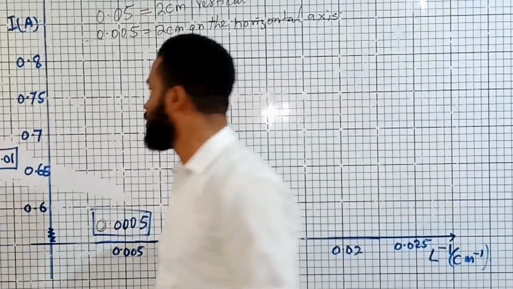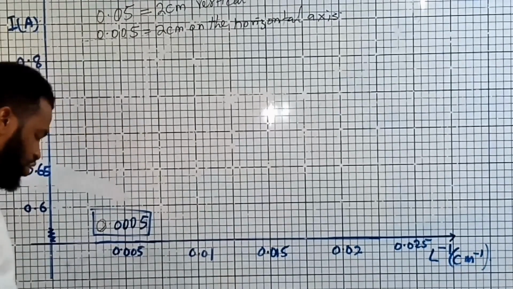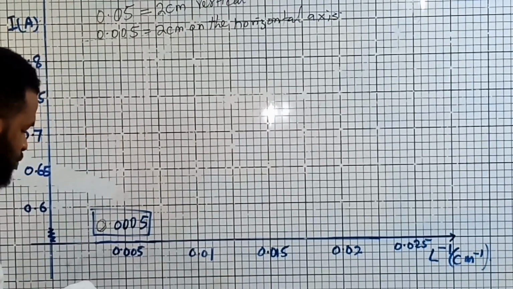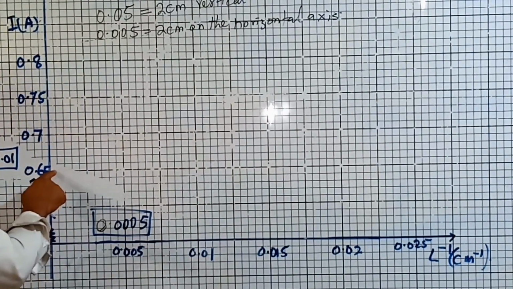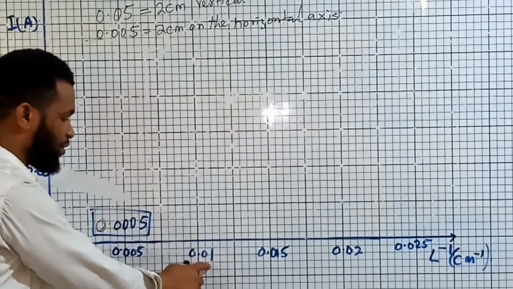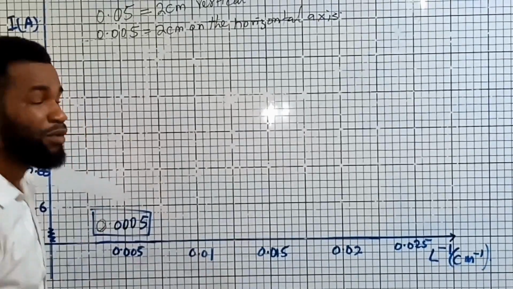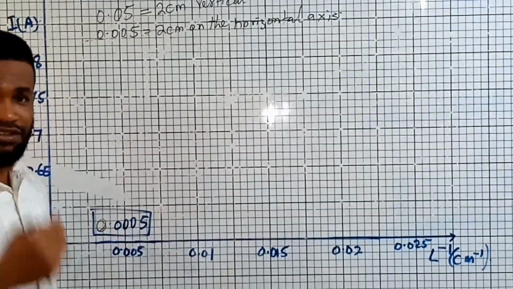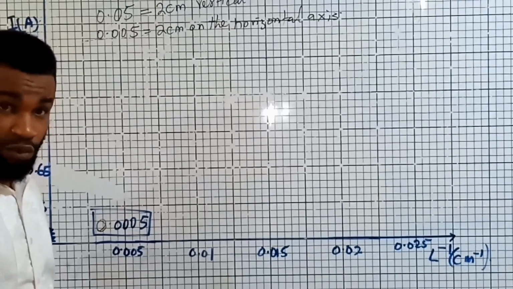Now, what I'm going to do here is this. This is 0.65, and this is 0.01 on the horizontal axis. I want to get 0.011.